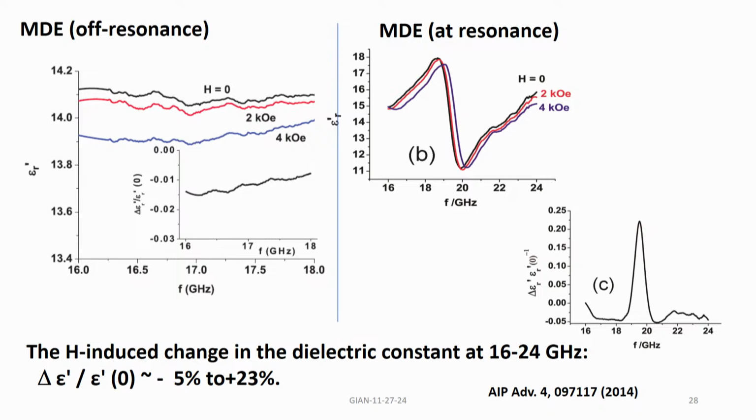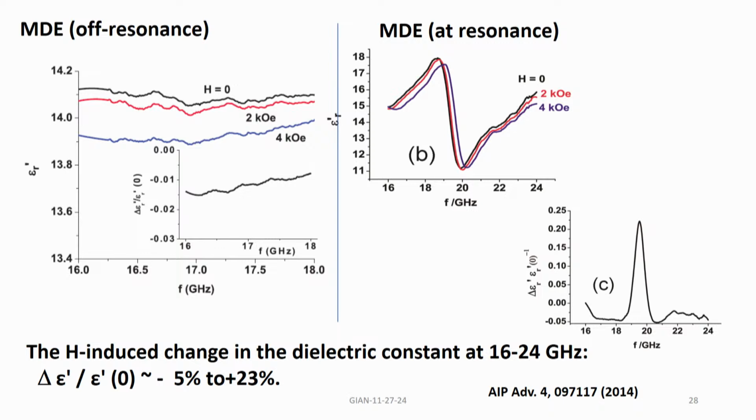One can also make the sample in such a way that it is in the form of a ring or a platelet. Then it has what is called dielectric resonance. Under this resonance, the dielectric constant goes through a profile like this. Then you apply a magnetic field of 2 or 4 kilo-Ørsted, and find the decrease in the dielectric constant.